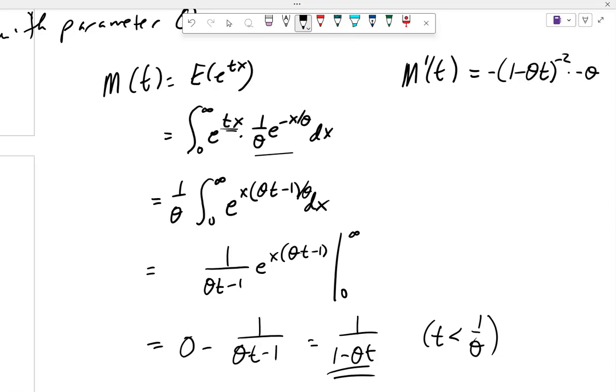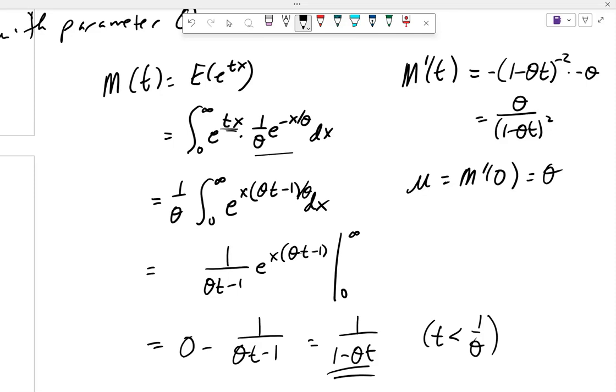Chain rule, right? Again, how do we find the mean using the moment generating function? Plug in 0, good. What do you get when you put in 0? We get theta, don't we? This is why, by the way, we write the parameter for the exponential distribution in terms of theta. So the mean comes out to just be theta, right?